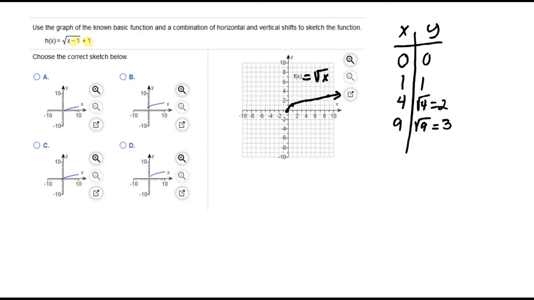Now, what we want to do is with this minus 1 and plus 1, that changes the graph. It's going to shift the graph horizontally and vertically to a new position. So let's go one by one. This minus 1 that's inside is a horizontal shift.